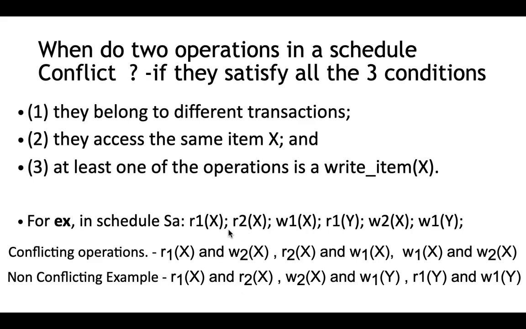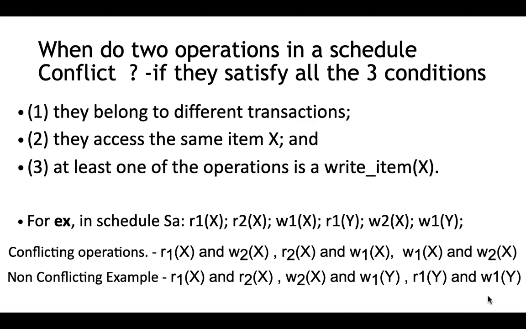Let's take the conditions one by one. The first condition is met: they belong to different transactions. This belongs to the first transaction, this belongs to the second transaction. The second condition is also met: they access the same data item. But the third condition, that at least one of the operations should be a write on x, is not satisfied in R1 of x and R2 of x. That's why they are non-conflicting.